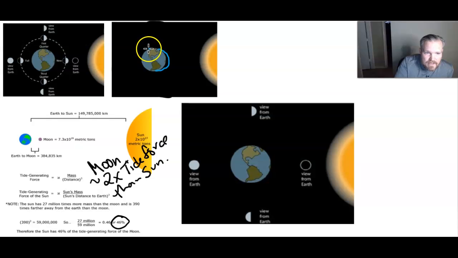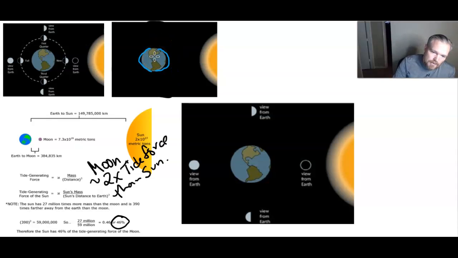Then on the back side, it's like if you were ever swinging a bucket of water. You have to pull with a force equal and opposite to the force of whatever's in the bucket, in order to keep it from sloshing back out as you swing it. So this is like the water in the bucket swinging around the sun, and this is the force that's required to keep it in the bucket.